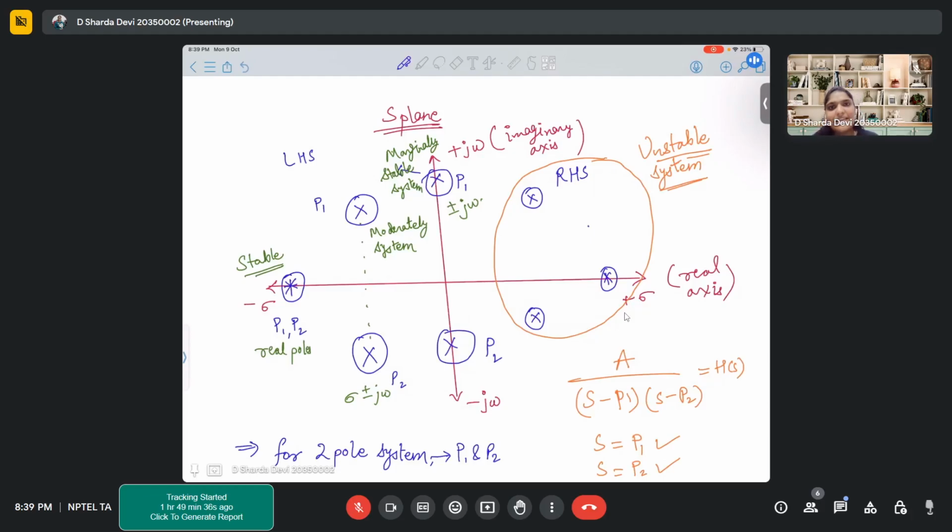So that's why it is said, in the S plane, left hand side solutions are majorly stable, right hand side solutions unstable. And in the left hand side also, placement of the poles plays a critical role, because let's say there is a 3-pole system or 5-pole system, and all the poles are in the left hand side only.